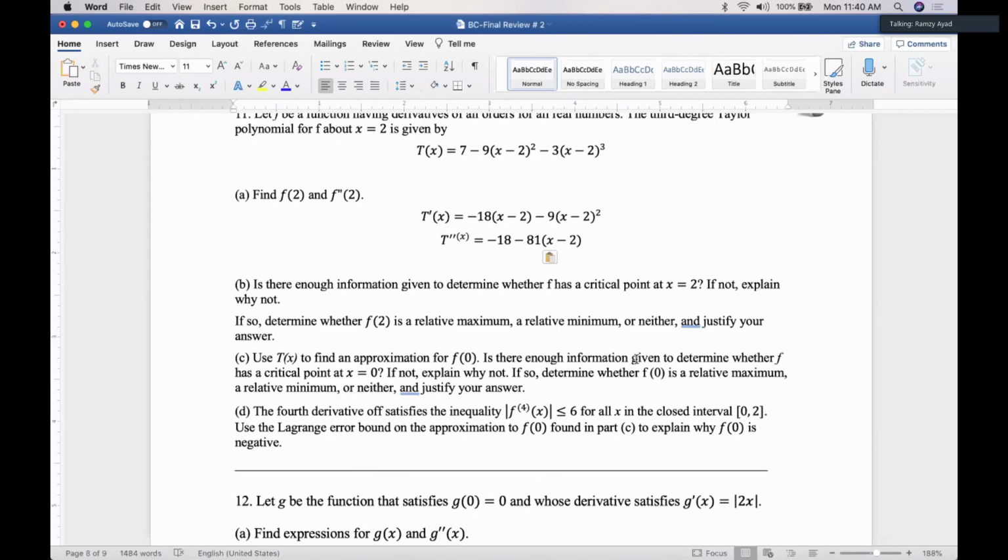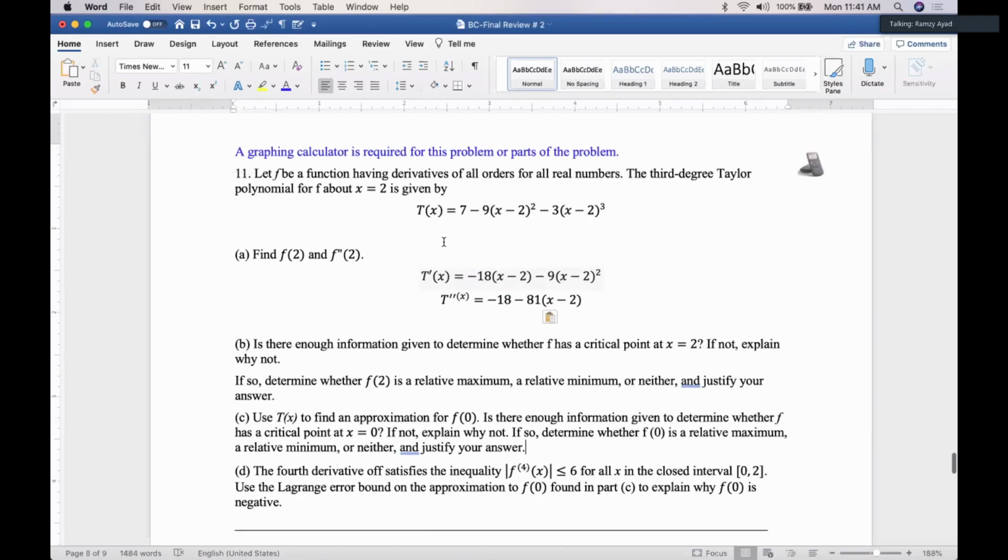Is there enough information given to determine whether f has a critical point at x equals 0? If not, explain why not. If so, determine whether f of 0 is a max, min, or neither. By the way, if you get here and you put 0 for the derivative, can you tell me what's my answer? If I put a 0 here, somebody please help me with the calculator.